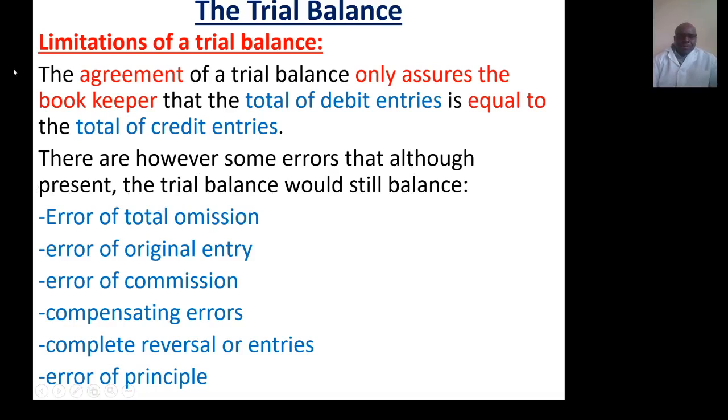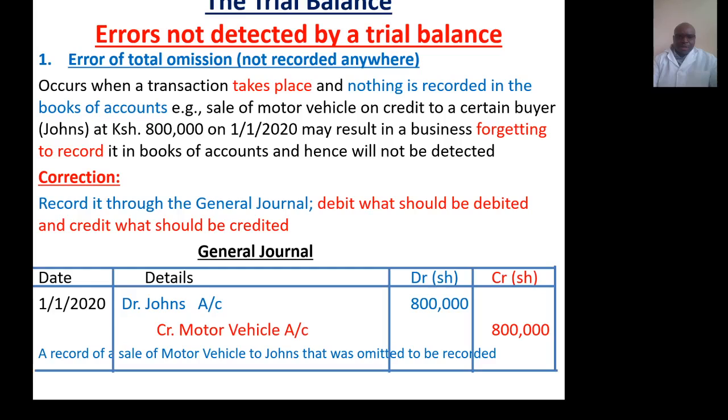For example, the error of total omission, the error of original entry, the error of commission, compensating errors, complete reversal of entries error, and error of principal. We look at each of them separately.